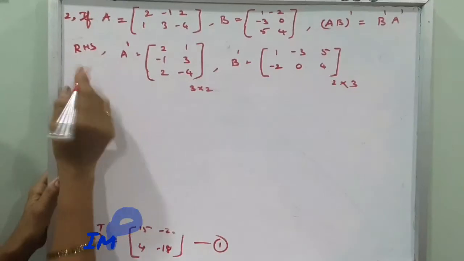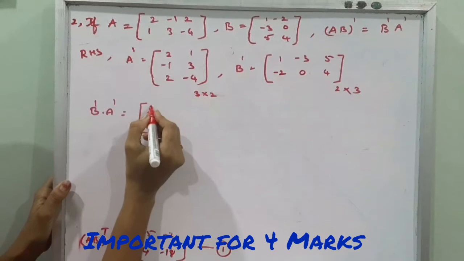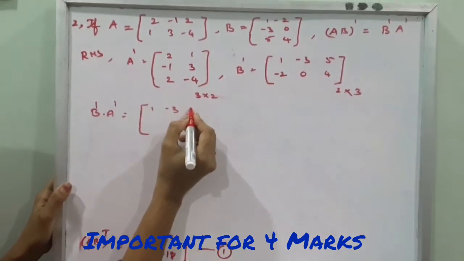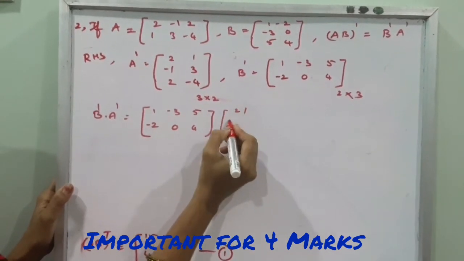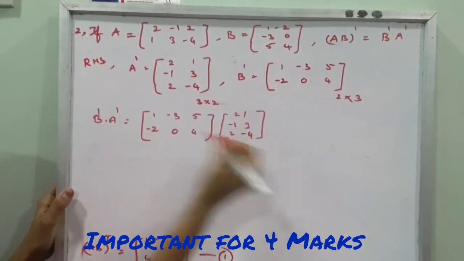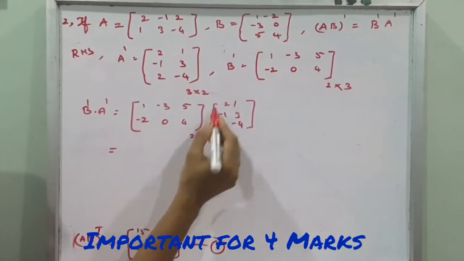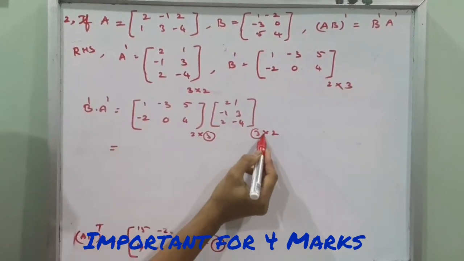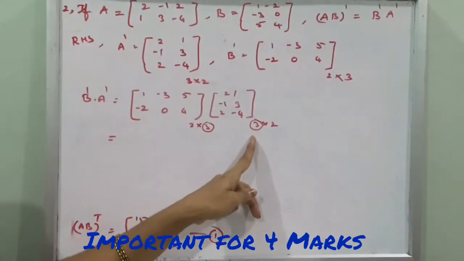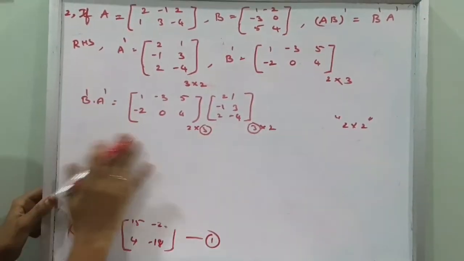Now RHS. B dash into A dash is equal to, here B dash is 1 minus 3 5, minus 2 0 4 into 2 1, minus 1 3, 2 minus 4. Here 2 by 3, here 3 by 2. Number of columns of first matrix is equal to number of rows in second matrix. Here also we will get a 2 by 2 matrix.